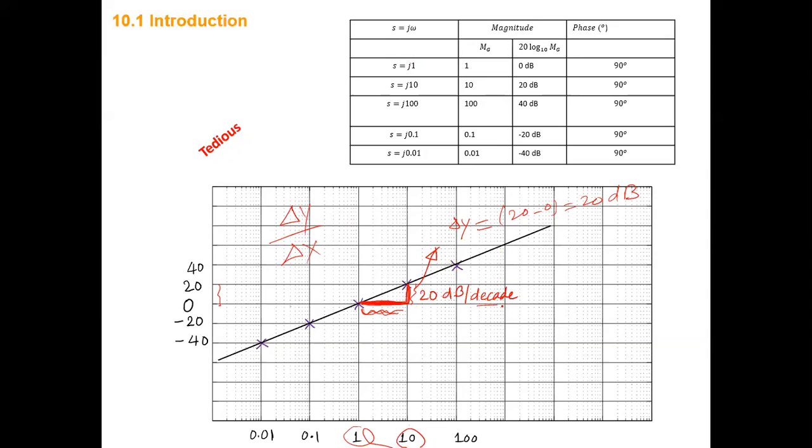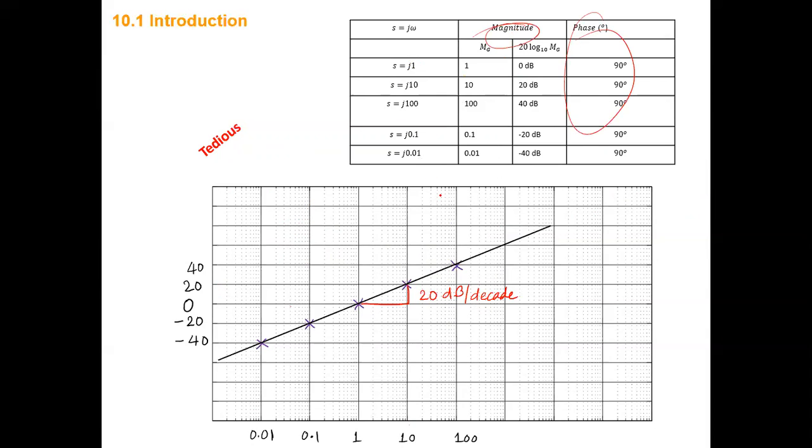That's called a decade, per decade. So this is 1 decade, and that's the unit of the slope of this Bode plot: 20 decibel per decade.